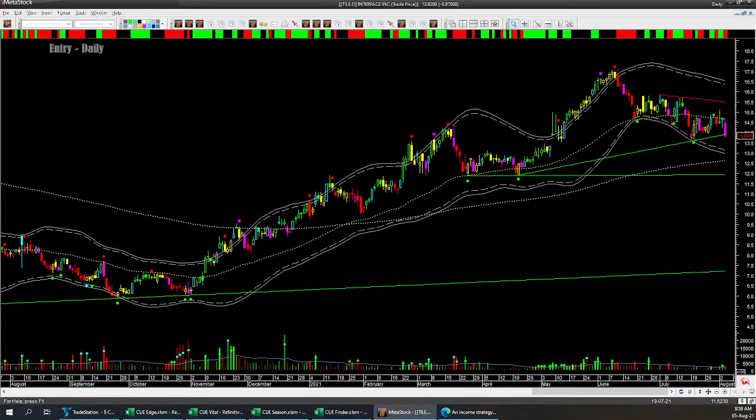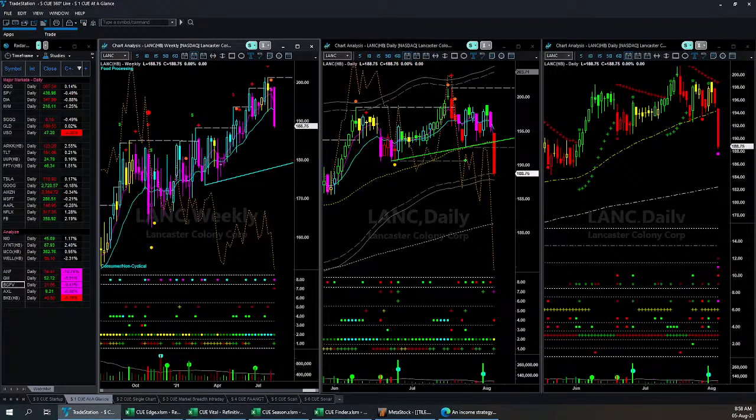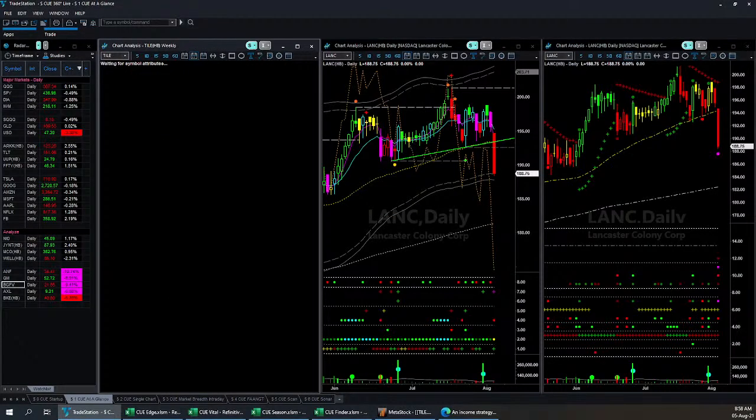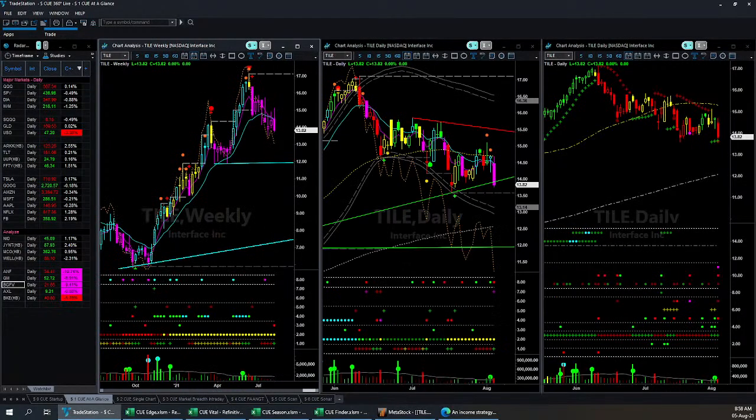Next one, TILE, T-I-L-E. This broke down below trendline support but barely. Not giving me the confidence to short. We could look it up using the 3 chart template. Bearish flow.